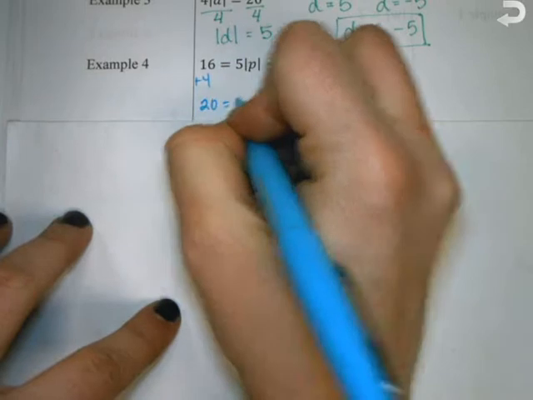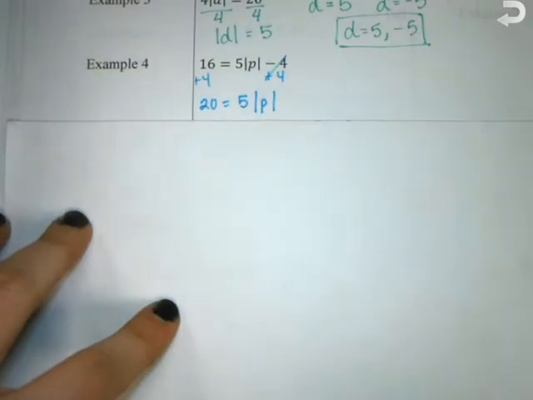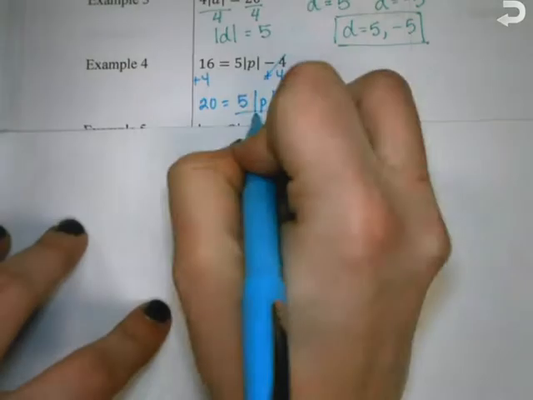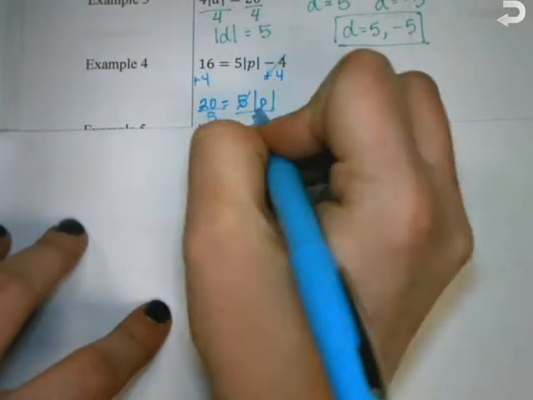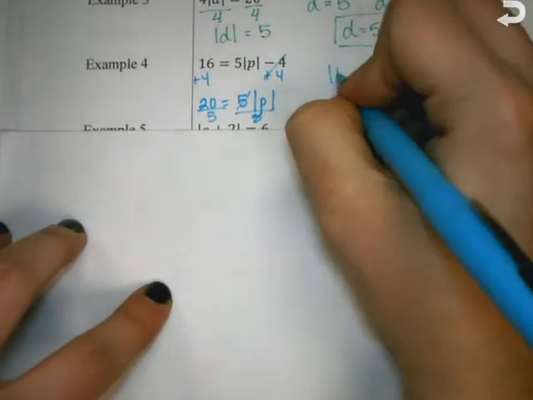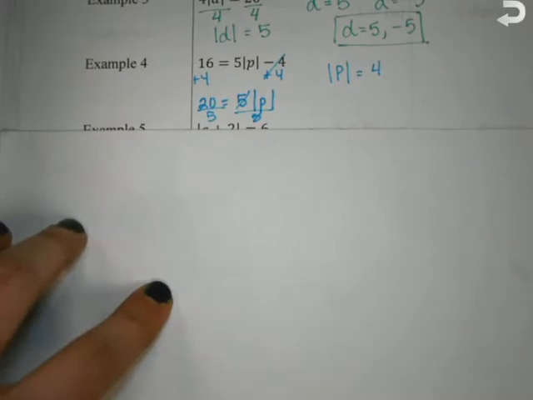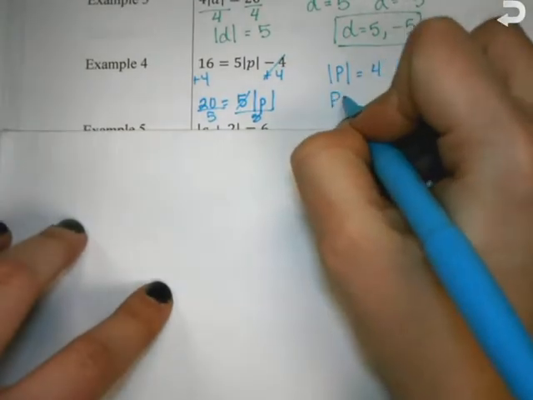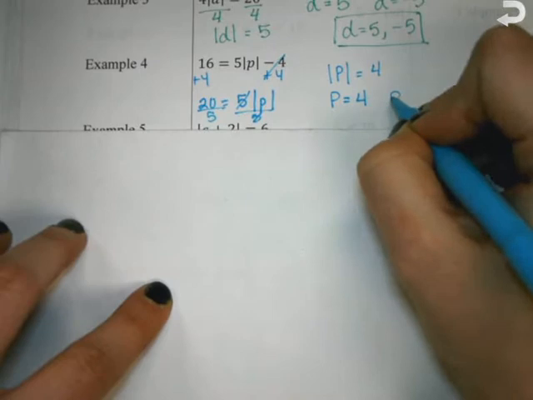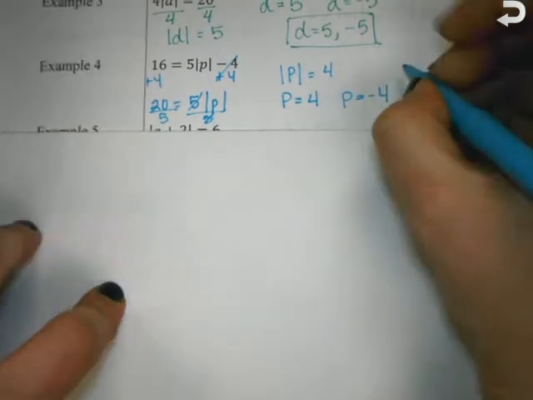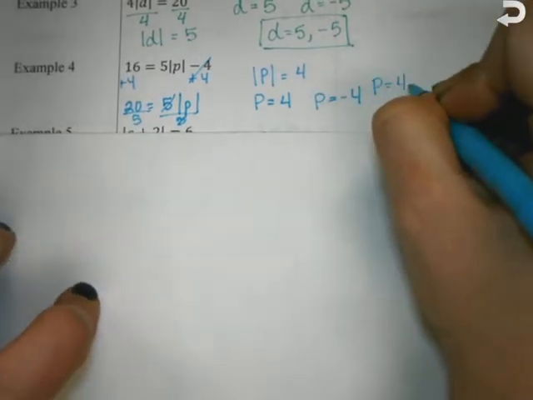Good. So absolute value of p equals 4. The absolute value is by itself, so we set the inside equal to positive and negative 4, so p is equal to positive 4, and negative 4. Everybody good so far?